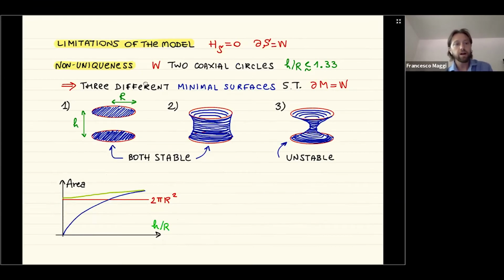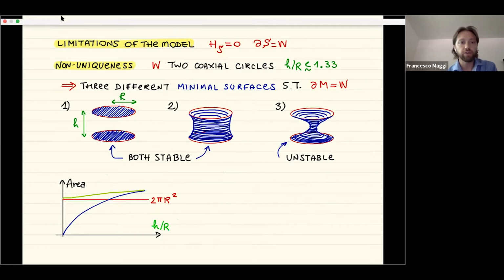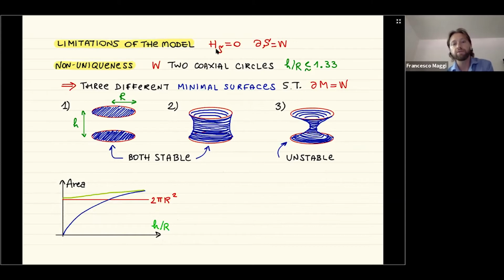So what are the limitations of this model? There are several. Essentially, we are saying that whenever we see a soap film, we see a surface with zero mean curvature and prescribed boundary. The first limitation as a physical model is, of course, non-uniqueness, which is very delicate, because it is not that in real life soap films appear out of nowhere attached to boundary wires, right?